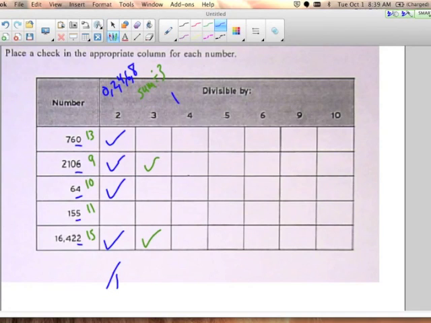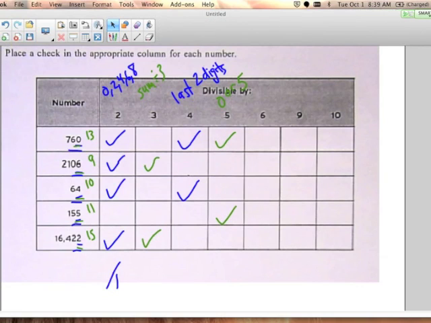For 4, we did that one together, and the last two digits, and it's in your book, have to be divisible by 4, and then the whole number is divisible by 4. So 60 for 760 and 64 are both divisible by 4. For 5, if it ends in a 0 or a 5, then that number is going to be divisible by 5. For 6, as we went through in the 144, it has to be divisible by 2 and by 3.